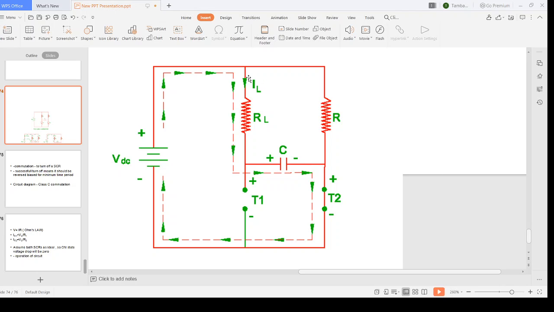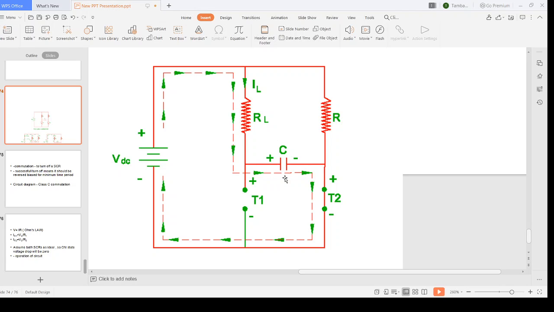IL is the current flowing through resistor RL and IC is the current through this capacitor C. Now voltage across SCR will follow the variation in the capacitor voltage. The capacitor is fully charged at the end of this mode, and IC equals 0, and voltage across this capacitor is Vc.